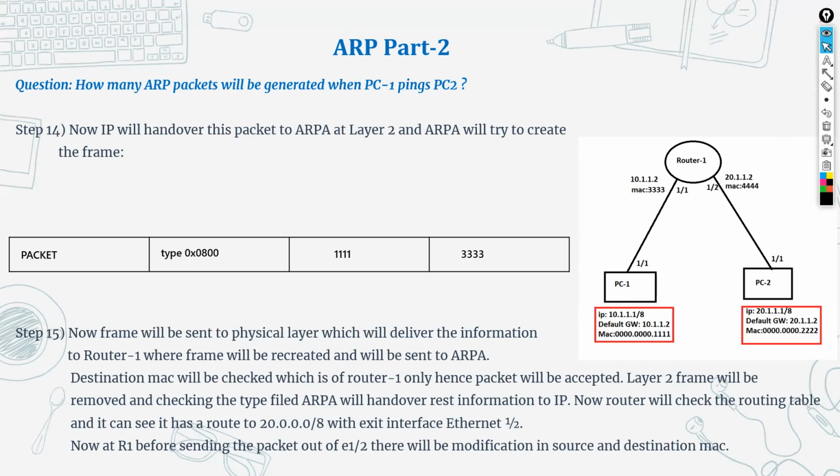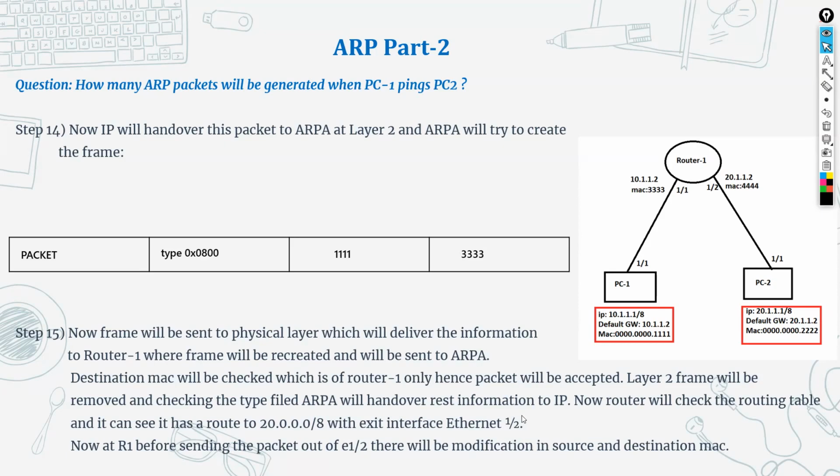Knowing the type field, it is going to share this particular information to IP at layer 3, right? Now you know that router is going to check what? It is going to check the destination IP in its routing table, right? So we already saw the routing table of router 1, right? So it knows about the 20s network, which is connected via Ethernet 1/2.